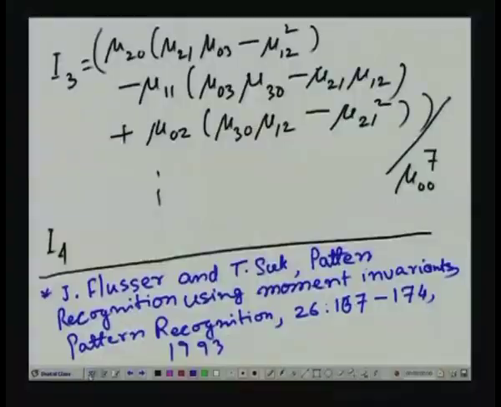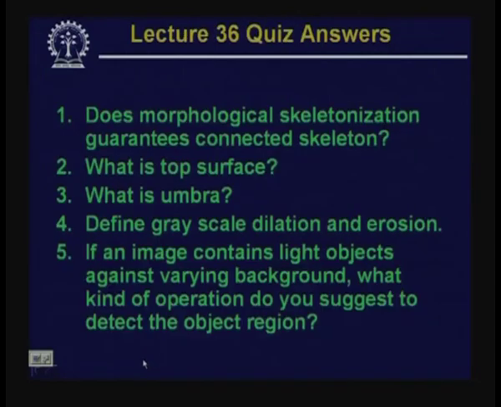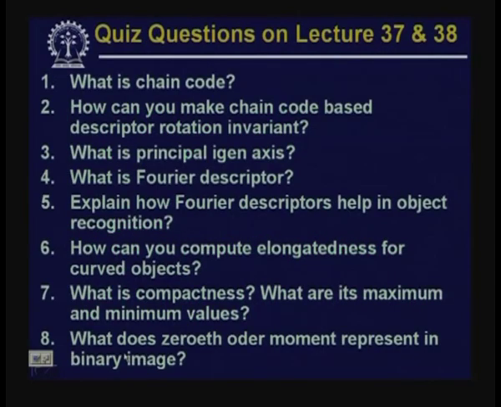Let us see some quiz questions based on today's lecture as well as the lecture that we gave in our earlier class. First question, what is chain code? Second question, how can you make chain code based descriptor rotation invariant? Third question, what is principal eigenaxis?